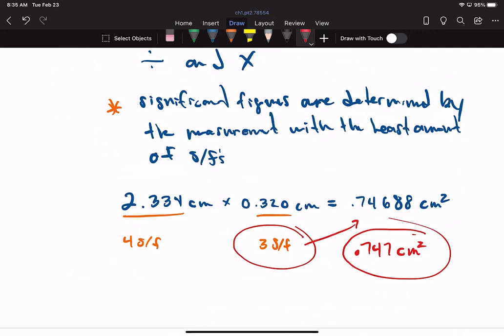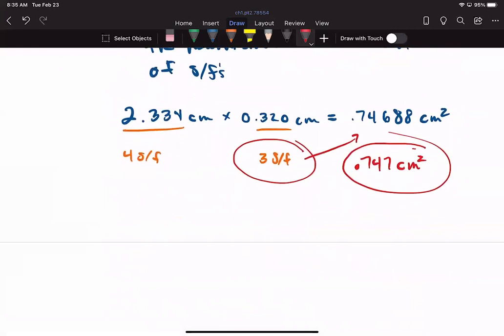Right, the value with the least amount of significant figures. And it's the same thing for multiplication. In multiplication, or I'm sorry, division.